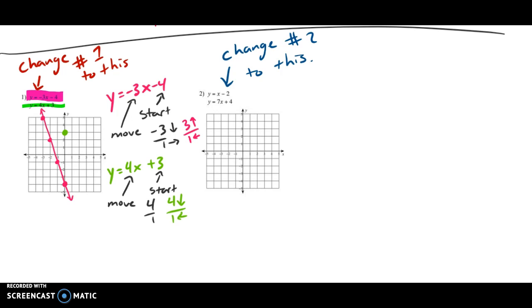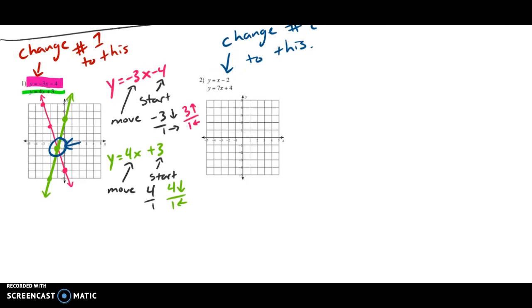Go down 1, 2, 3, 4 over 1, and 1, 2, 3, 4 over 1. Now use a ruler to connect them. So now we have two lines that meet. This point where they meet is my solution. So my solution is at the point -1, -1. And that problem is done.